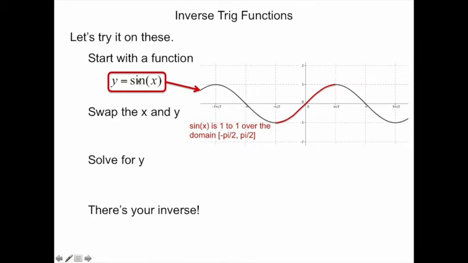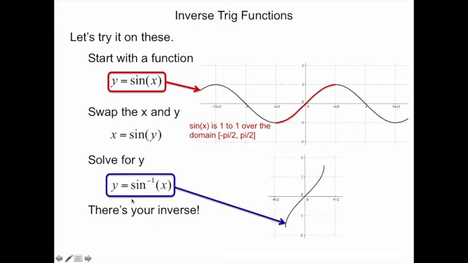And then let's go ahead and go through this. We're going to swap the x and y, and then we're going to solve for y. So solving for y involves taking the inverse of the sine to isolate y. So we get this expression that says y is the inverse sine of x. So if we swap the x and y, it's like taking this shape here and flipping it and rotating it.